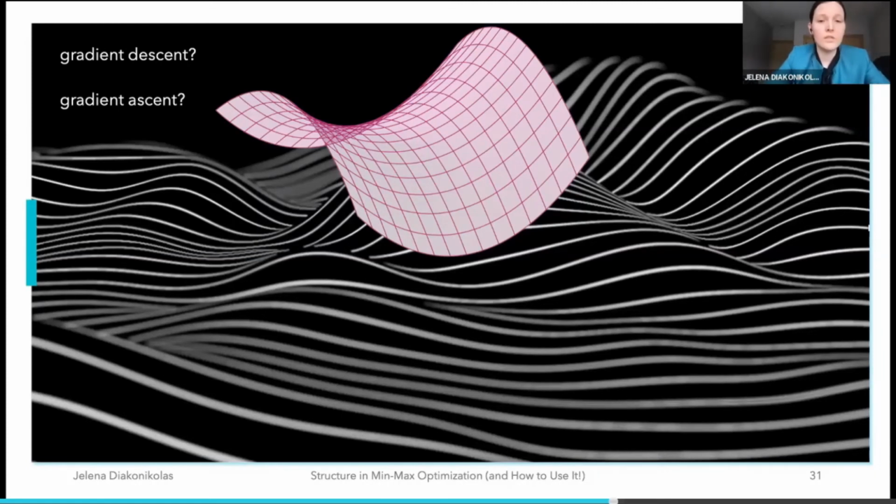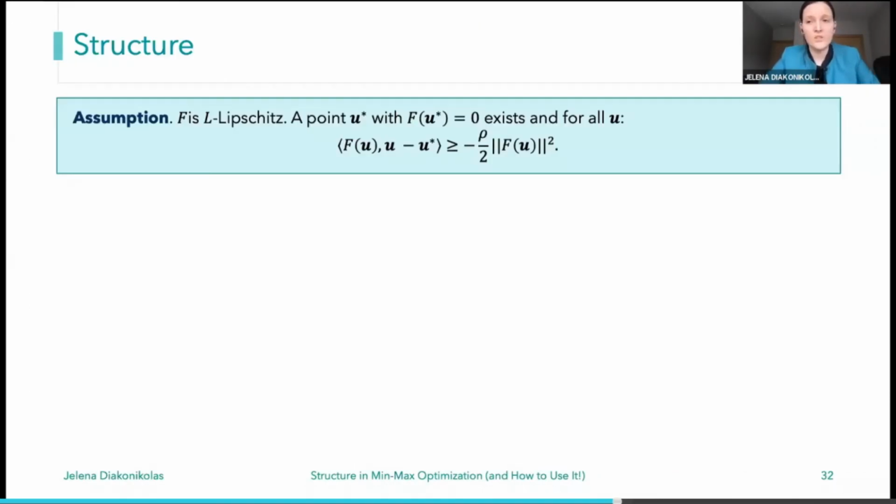So the most general non-convex, non-concave problems are out of the question. I cannot do anything for them, like smooth non-convex, non-concave. So I need some type of structure. And what I mean by structure is that I need to define a new problem class that is a subclass of this.